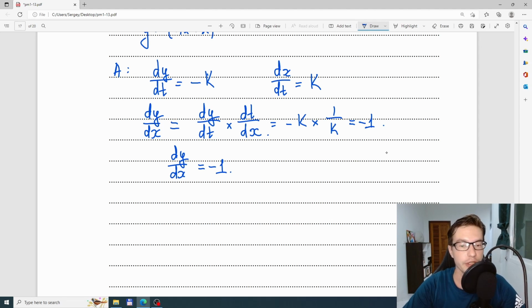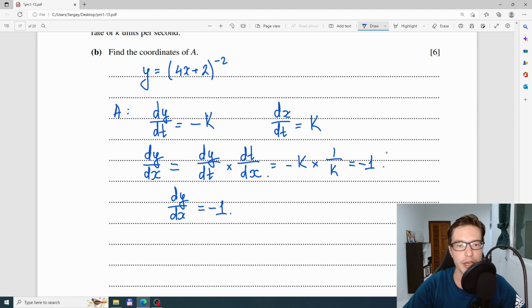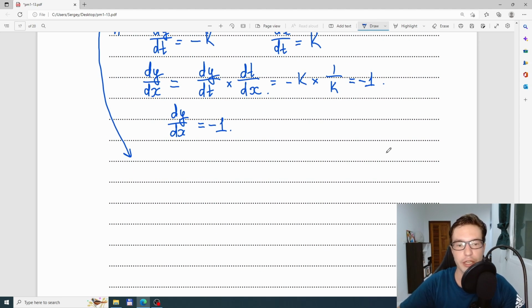Now we know that the derivative with respect to x is minus 1, and we know the equation of the function. So from here, let's find dy over dx and then equate it to minus 1, and hopefully we can solve it. Okay, so dy over dx is going to be minus 2 times (4x + 2) to the power of minus 3, and then using the chain rule, I will have to multiply all of this by the derivative of the inside, which is 4.